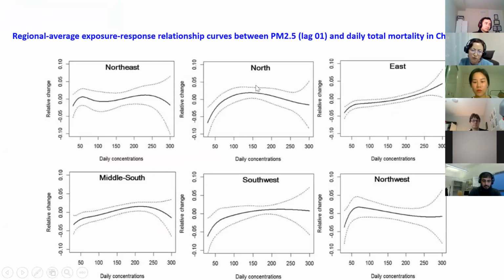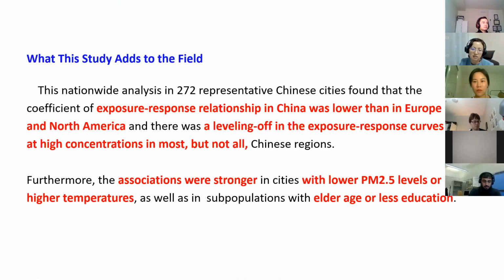For example, in the north, it's very steep at the lower levels, then there's a very obvious change. But in the east, it's relatively flat. There are very detailed discussions in the papers about the differences between regions.